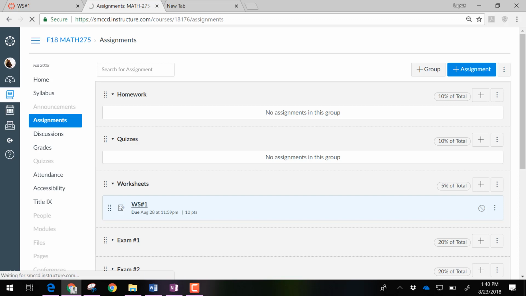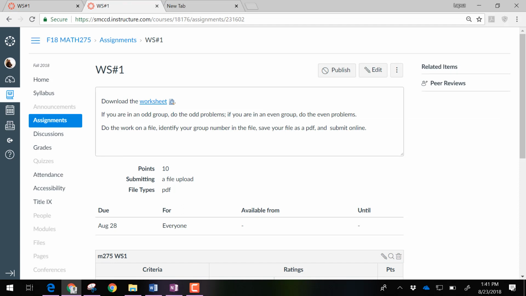If you're an even number group, you're going to do the even numbers on this worksheet. Okay? All right. Each group is responsible for submitting your work, but only one of you needs to submit it. Okay?